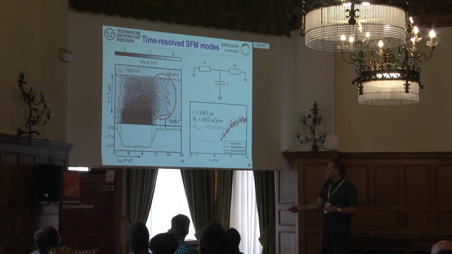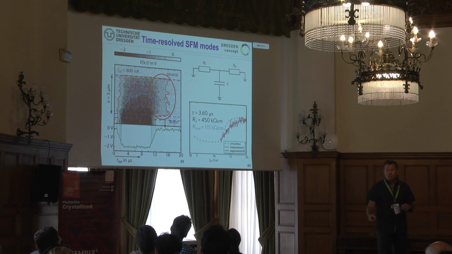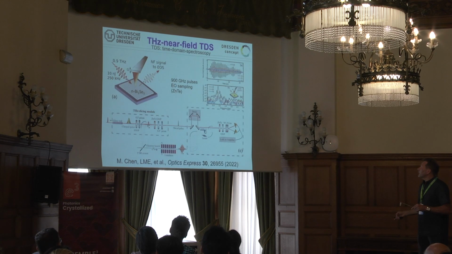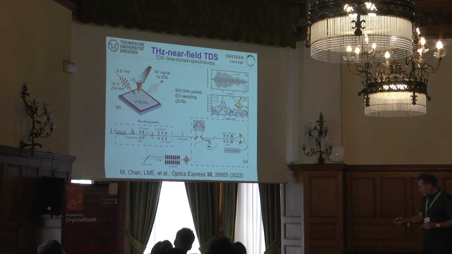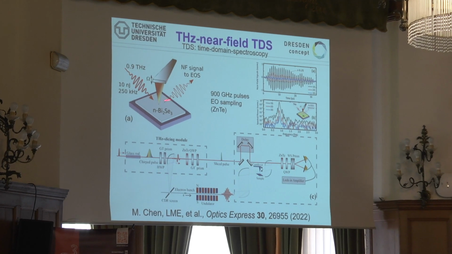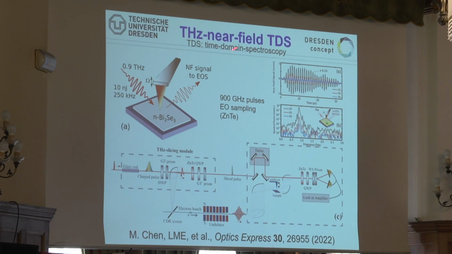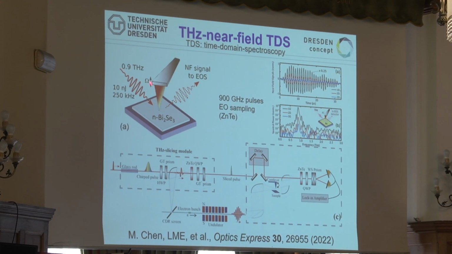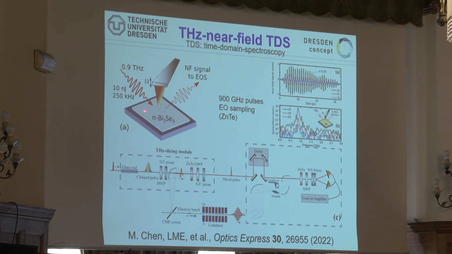So what it means in the end is you should improve to get the electrons out, and you know how much by taking quantitative data, how much that is, how big the barrier is, time resolved. Okay, last slide is we did the same thing with optics now. We go for pump probe now in our terahertz near field, which means we take now 900 gigahertz pulses, and we do similar things.